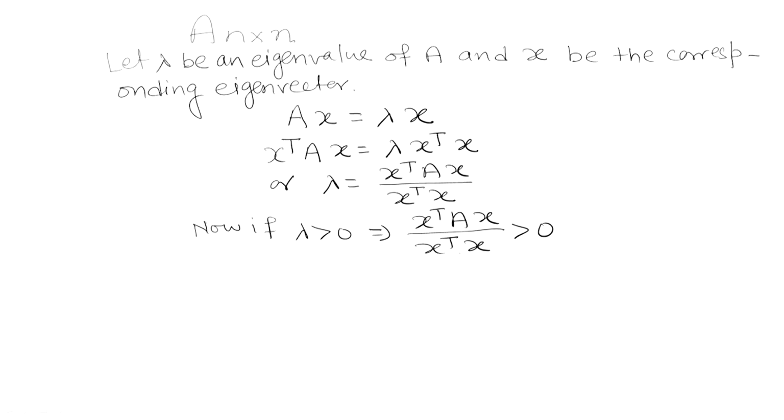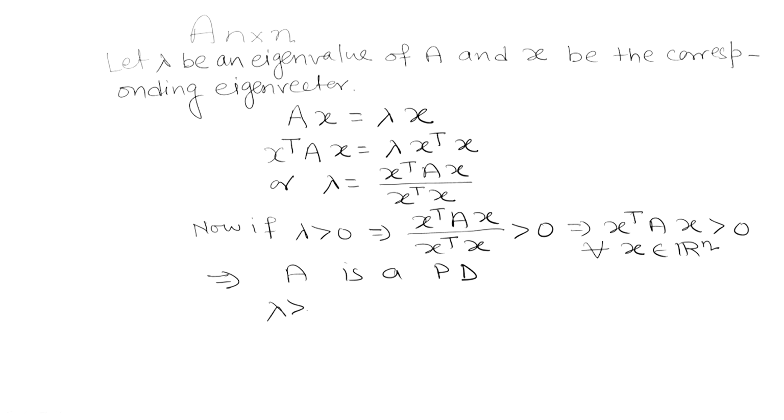Since the denominator will always be positive, it means x transpose A x is positive for all x, which means A is a positive definite matrix. Similarly, if lambda is greater than or equal to 0, this means x transpose A x is greater than or equal to 0 for all x belonging to R n.